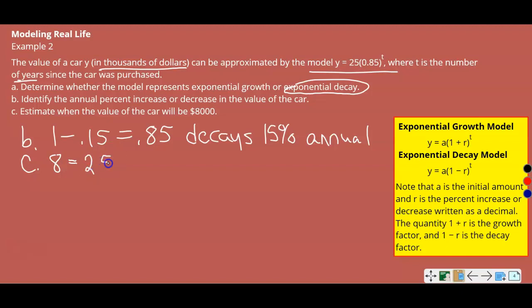So 8 equals 25 times 0.85 to the t power. And we can use technology, or we can use our calculators to graph this and see when y is about 8 or $8,000.